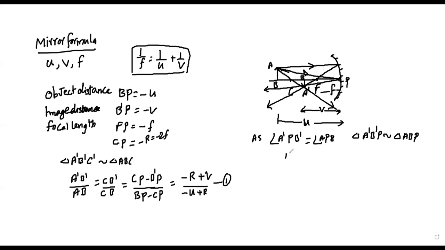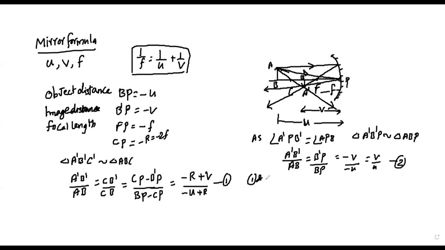Now, A dash B dash by AB is equal to B dash P by BP, which is equal to minus V by minus U, which is V by U. This is equation number 2.